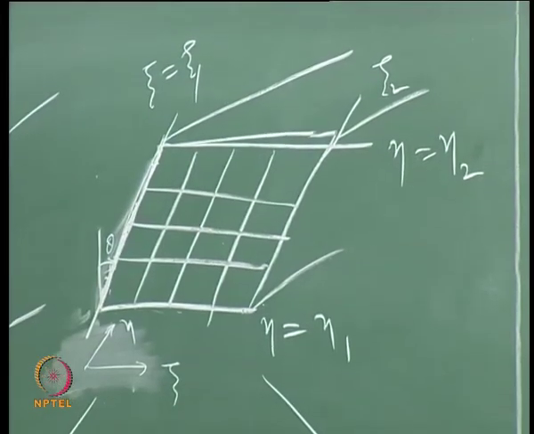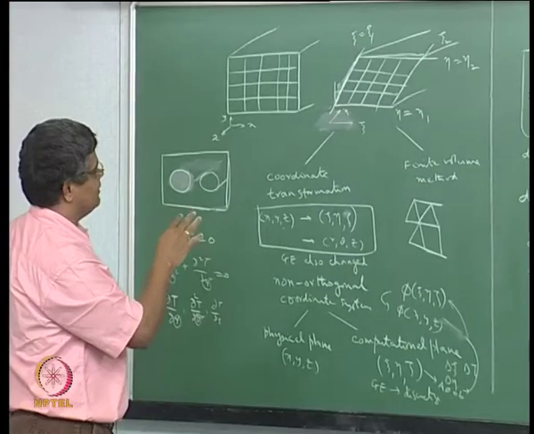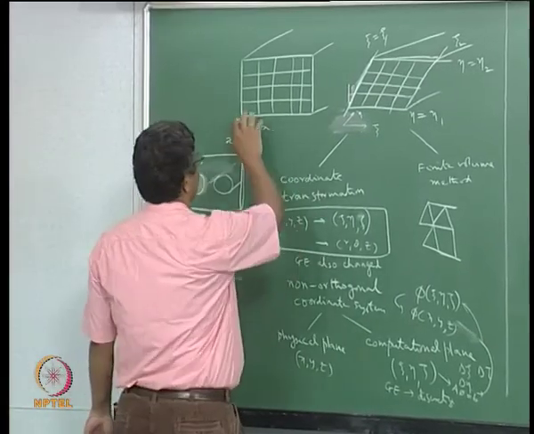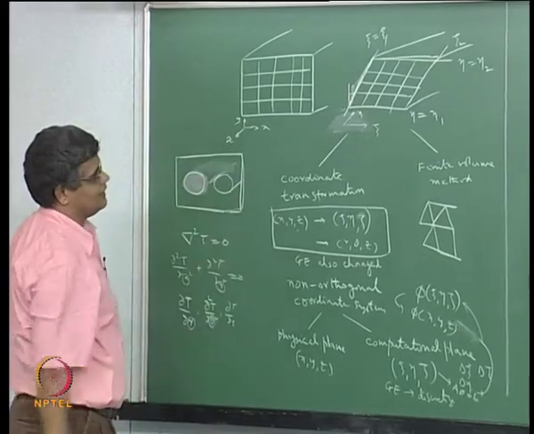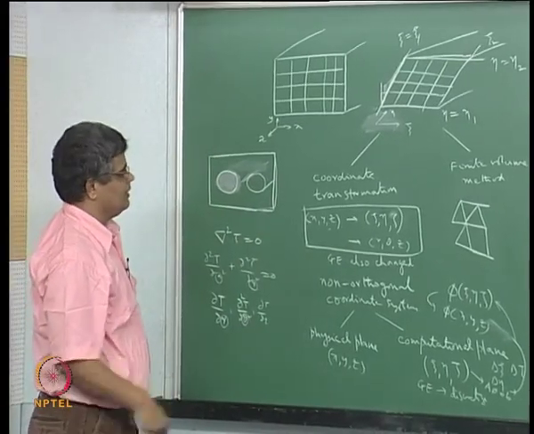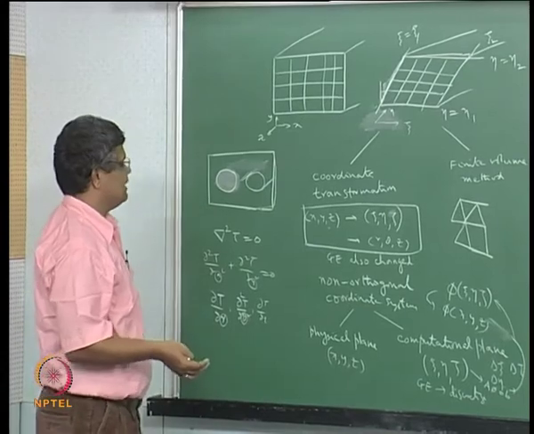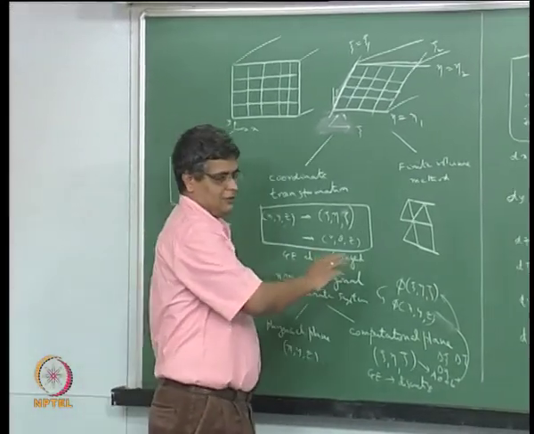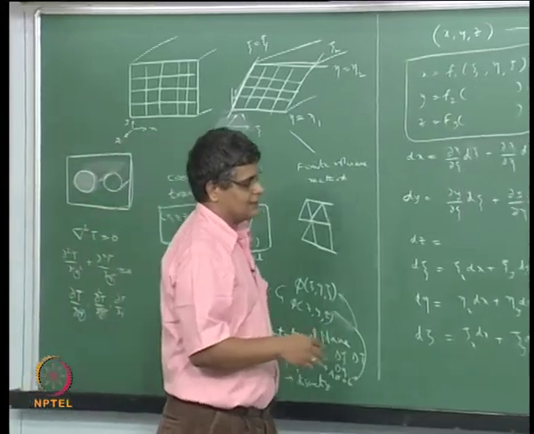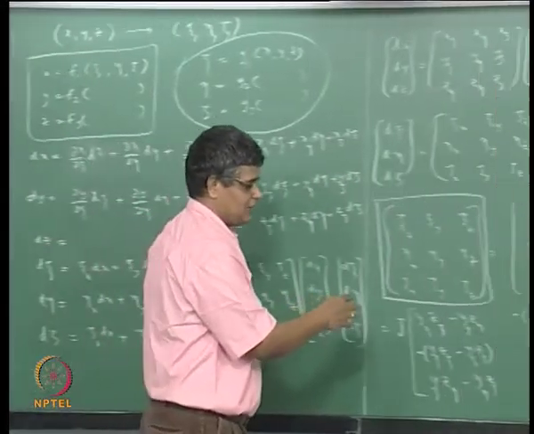So we can have these kinds of algebraic or trigonometric expressions between xyz and the corresponding psi, eta, zeta lines. Otherwise, in the general case, we have to come up with a numerical description of this kind of transformation. So that is where these transformation relations will actually be helpful.